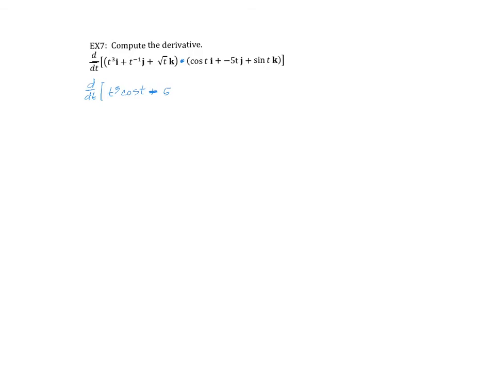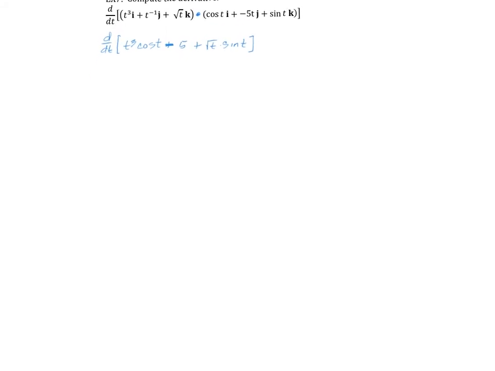Again, no longer a j, it's no longer a vector. Square root of t times sine of t would just be the square root of t times sine t. And once I've done that, then I'm just taking the derivative in the usual way. So the derivative here is going to be, first we have to use our product rule.